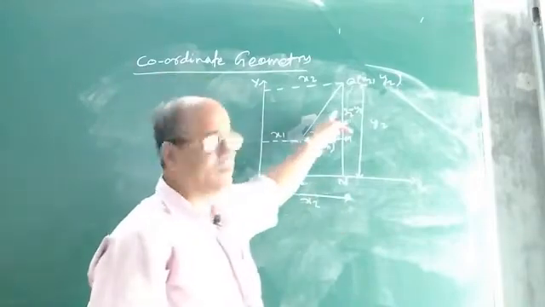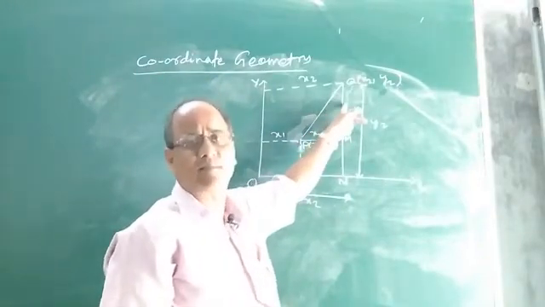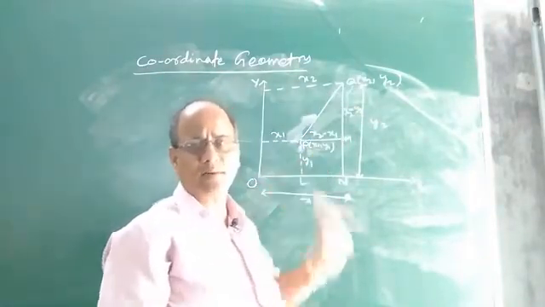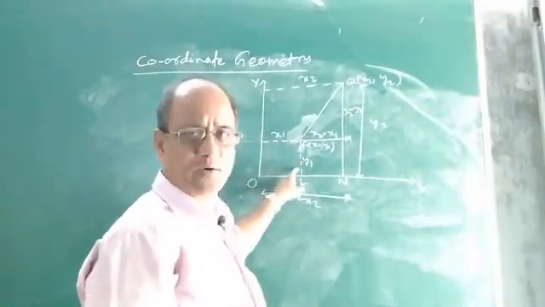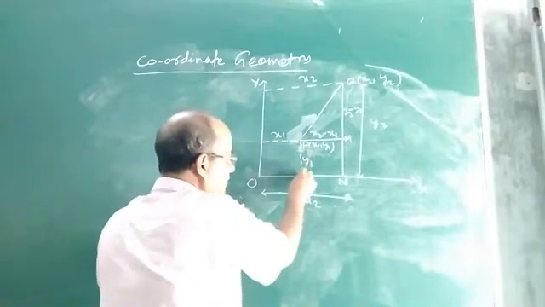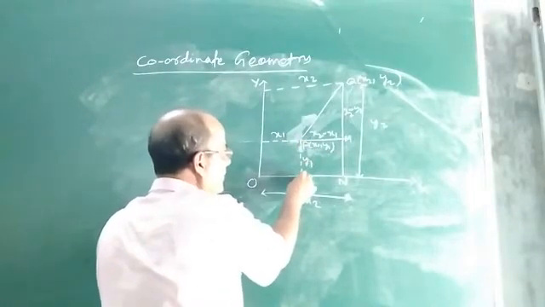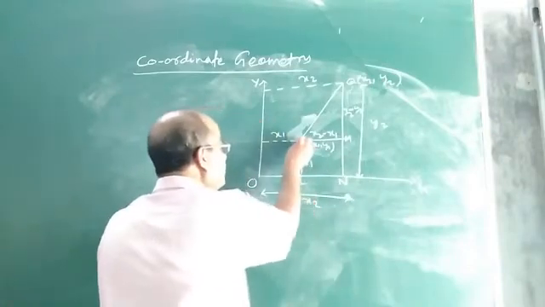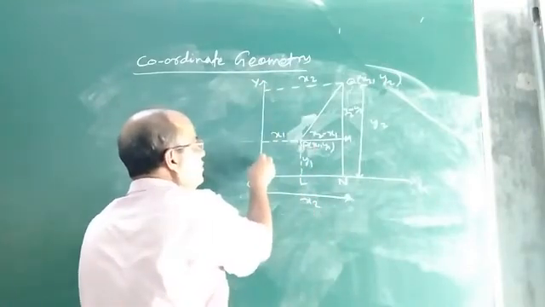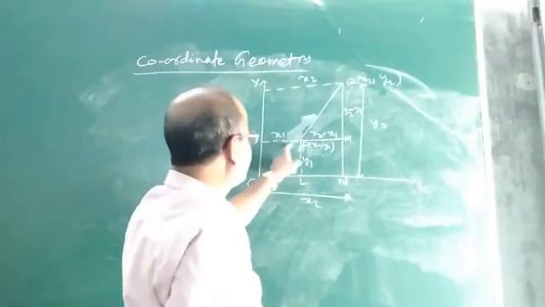Now see, in order to find the length of the line segment PQ, or the distance between the two points P and Q, what will you do? Draw a perpendicular. So from here you draw a perpendicular. Suppose PL is the perpendicular drawn to the x-axis. From this point you draw another perpendicular to the y-axis.